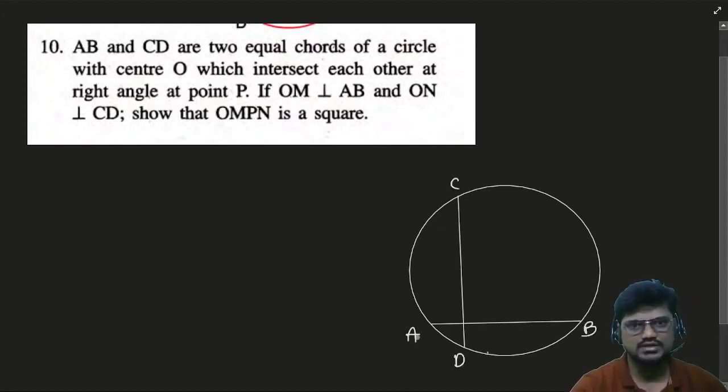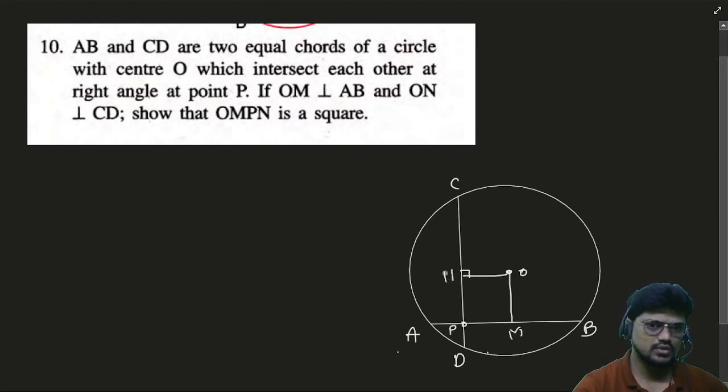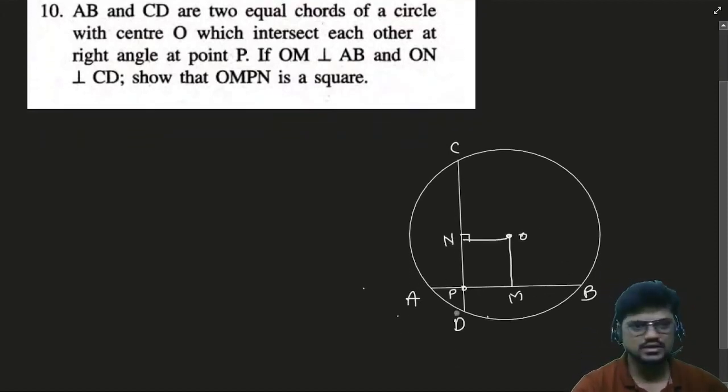They intersect at right angle at P, so this point is P. O is the center of the circle, OM is perpendicular to AB and ON is perpendicular to CD. You have to show that OMPN is a square.